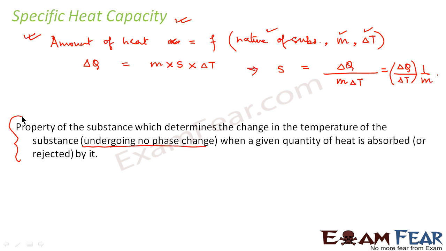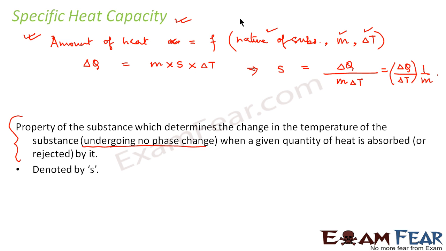What do we mean by phase change? It means the substance does not change its state from one state to another. For example, if I am heating water, it should not change from solid to liquid or from liquid to gas. So without undergoing any phase change, if there is a change in temperature, then what is that change in temperature when a given quantity of heat is absorbed or rejected by it?